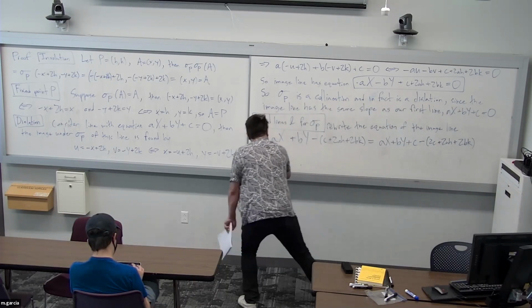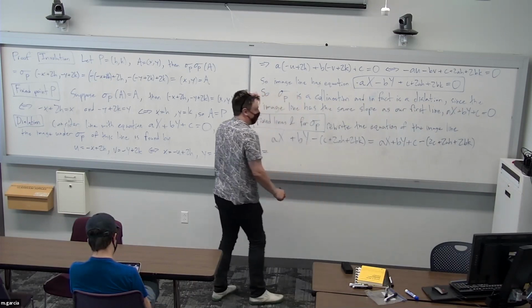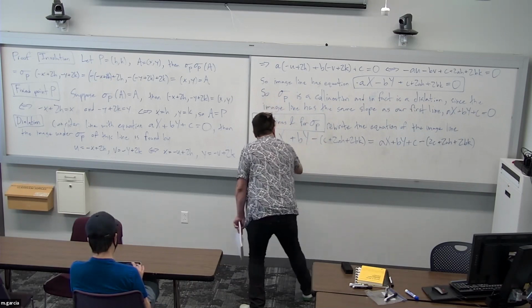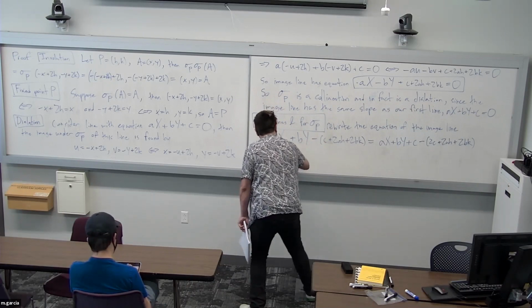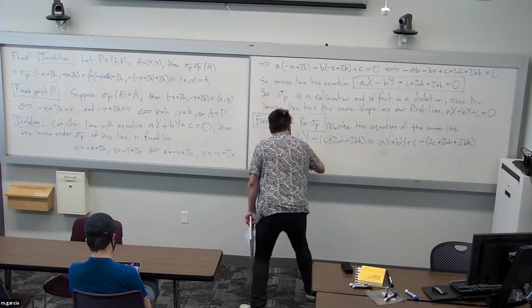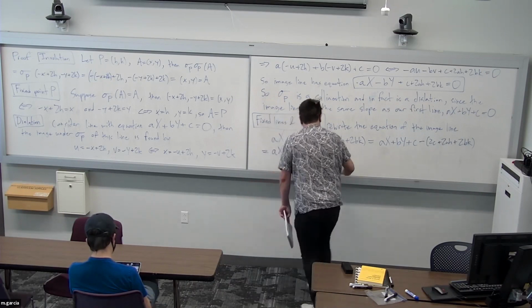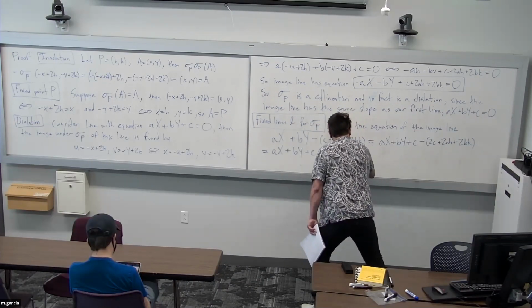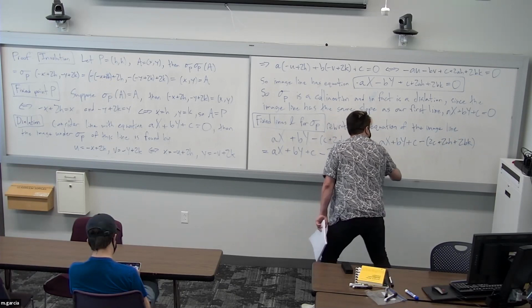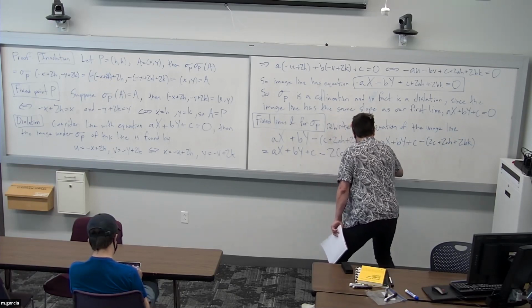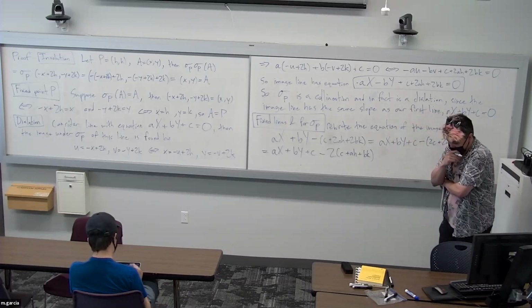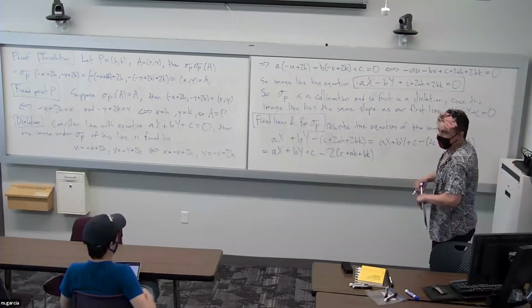Now, just factor a 2 out of that last constant term. So I got ax plus by plus c minus 2 times c plus ah plus bk. Now, why am I doing this? Because that's our original one.